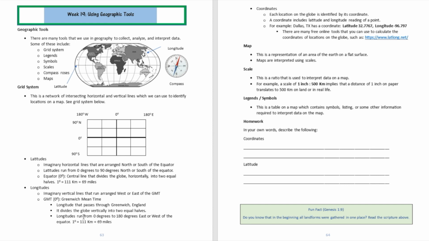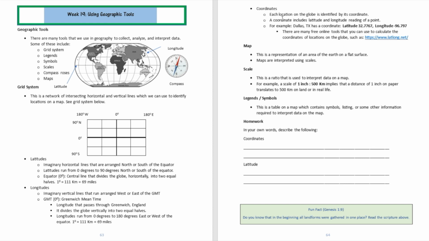The longitudes run from 0 degrees to 180 degrees west or east of Greenwich. Just like latitude, 1 degree west is equivalent to 111 kilometers or 69 miles. So now we can understand coordinates better.